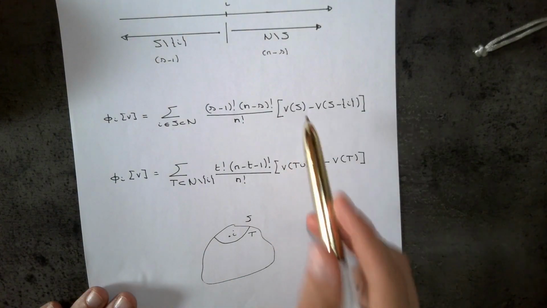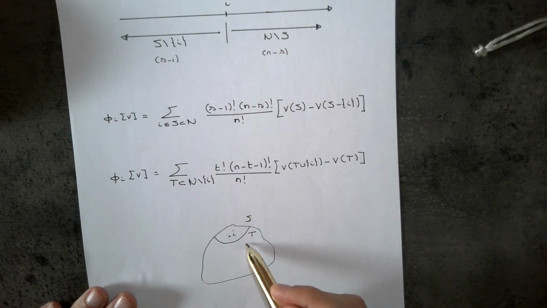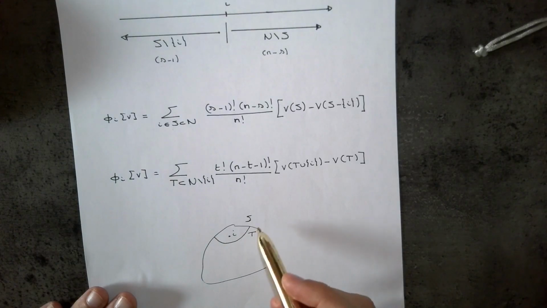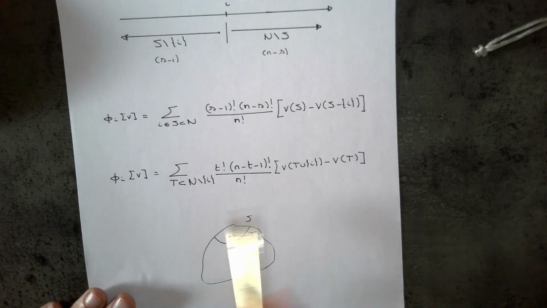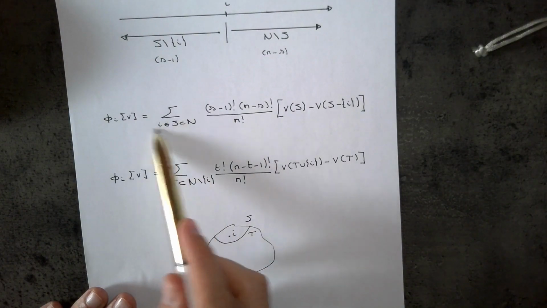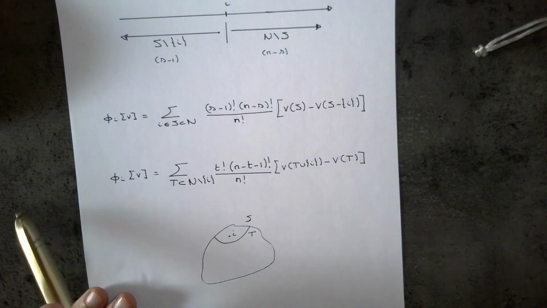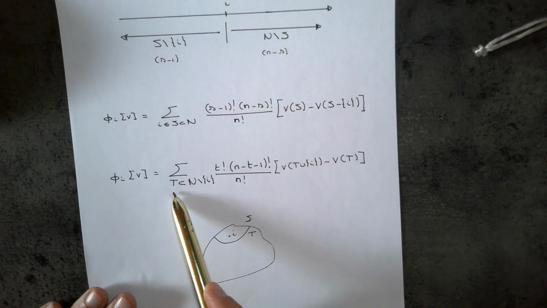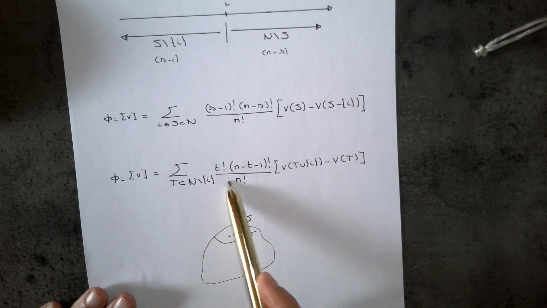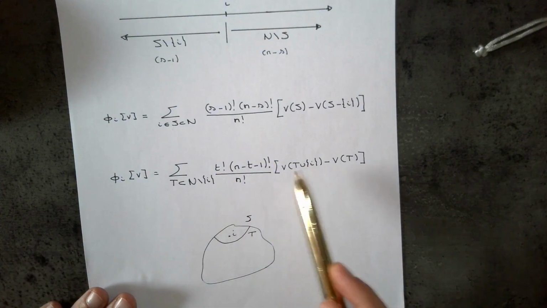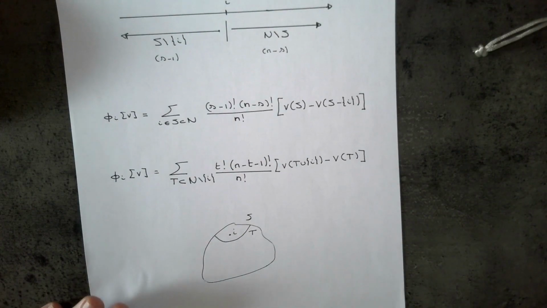And then v of S is the same as v of T union i, and v of S minus i is the same as v of T. Okay, so either you define it as summing over all sets that contain i, or you can also sum over all coalitions that do not contain i, but then you have to readjust slightly this weighting coefficient here and redefine the marginal contribution of player i.